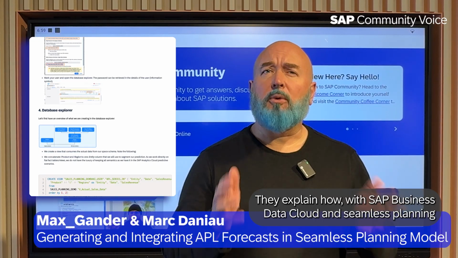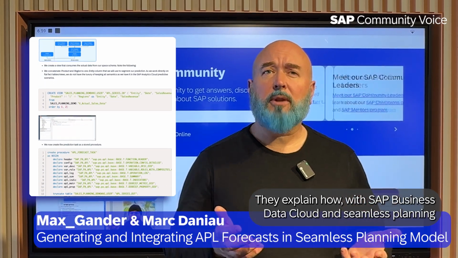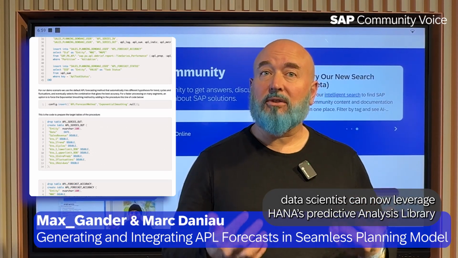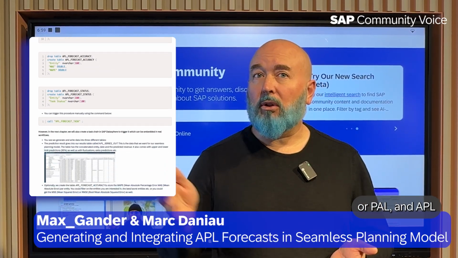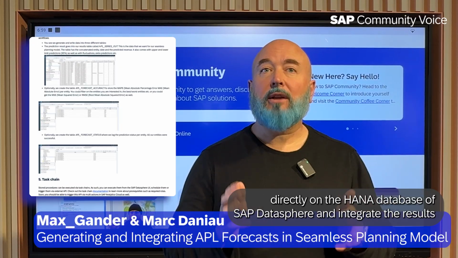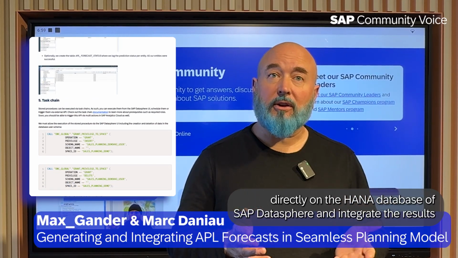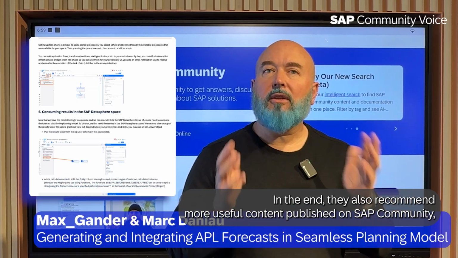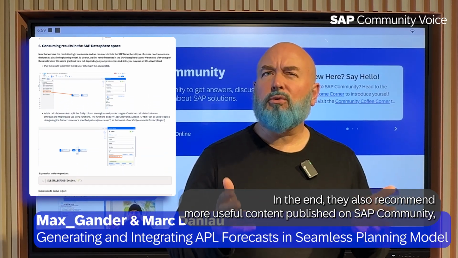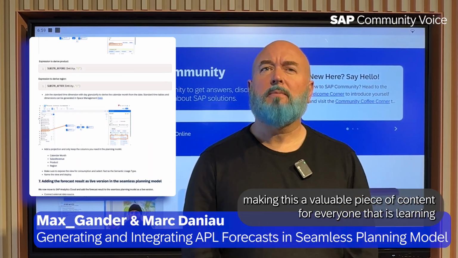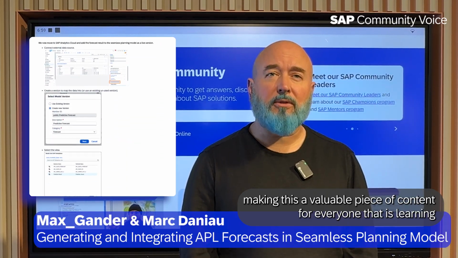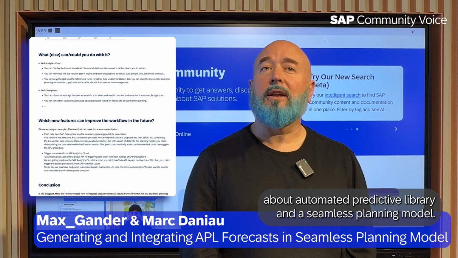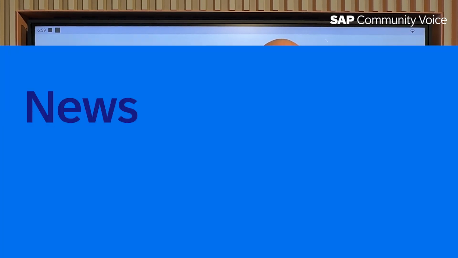They explain how with SAP Business Data Cloud and Seamless Planning, data scientists can now leverage HANA's Predictive Analysis Library, or PAL, and APL directly on the HANA database of SAP Datasphere and integrate the results smoothly into planning processes. In the end, they also recommend more useful content published on SAP Community, making this a valuable piece of content for everyone that is learning about the automated predictive library in a seamless planning model.